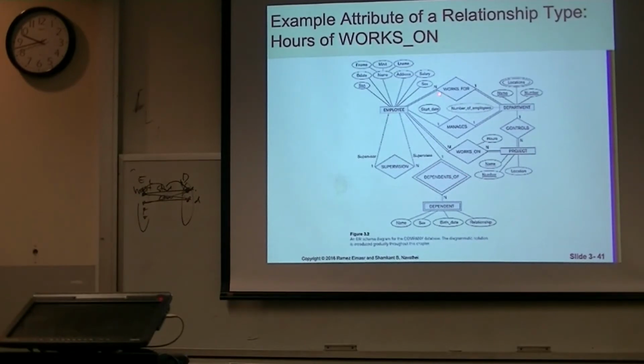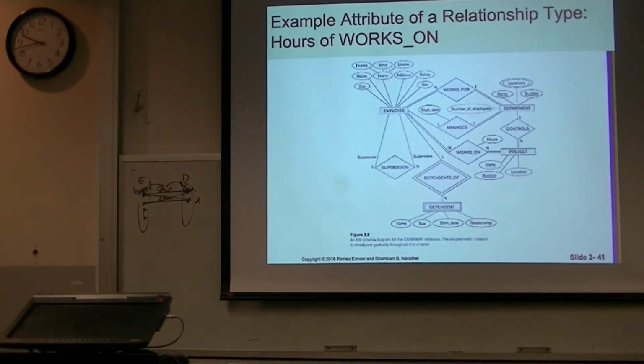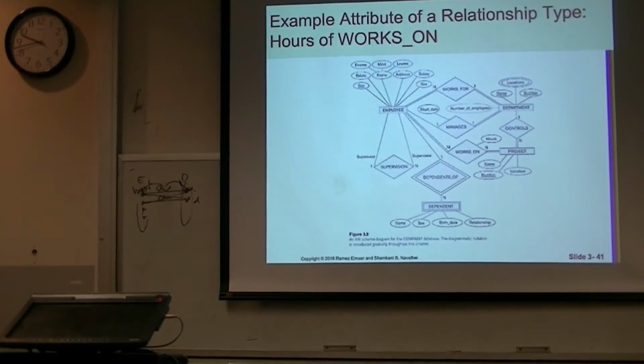Another characteristic of the relationship is the single line and double line. Single line means optional, which means an employee is not always a manager. Some of them are. However, the department's double line means mandatory, which means a department must have one manager. Similarly, what is the meaning of the double line here? When an employee is hired, the employee should be assigned to a department.